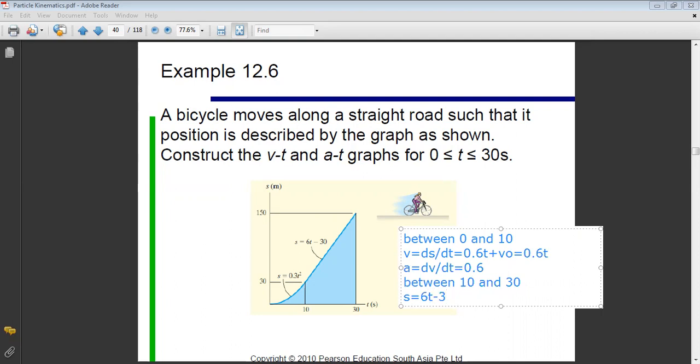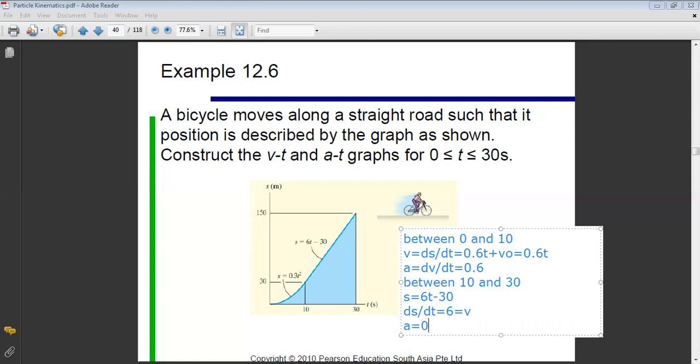So first, to find my velocity, I derive s with respect to time. So I have that ds over dt is equal to 6, and this is equal to v. And to find my acceleration, I derive v. Since v is constant here, my acceleration in the second phase is 0.